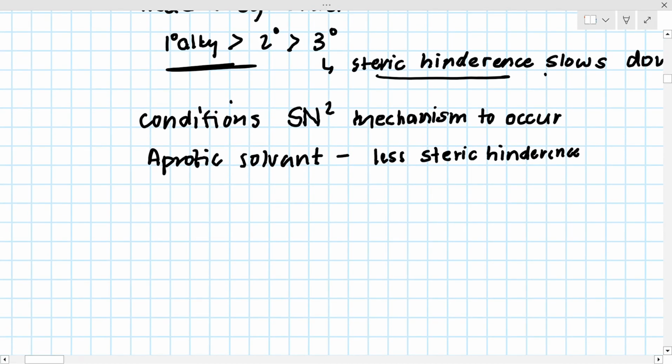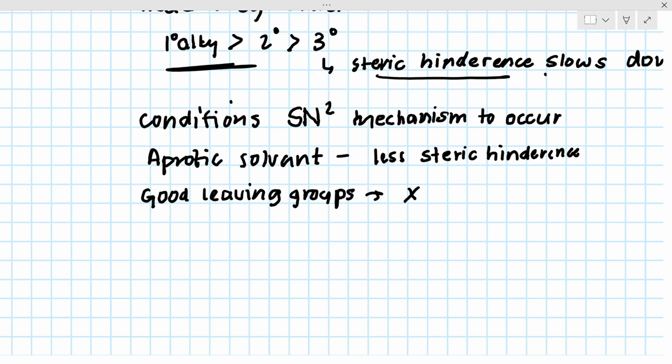And next, we should have a good leaving group. So obviously here you have a good leaving group, that is X. So X is already a good leaving group. Okay, so that is about the conditions.